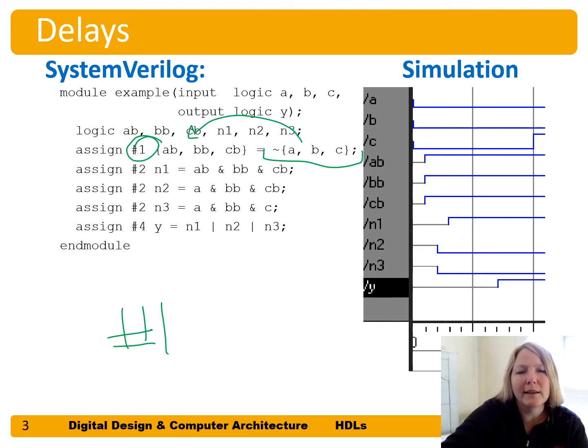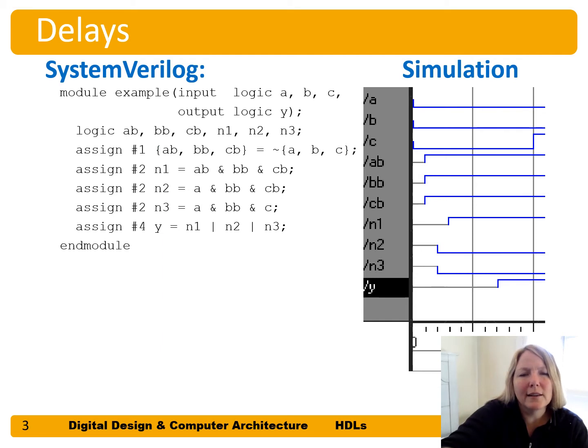So that pound 1 says anytime A, B, or C changes, 1 clock tick later, change the values on the left side. So we can see that at time t equals 0, A, B, and C transition to low.